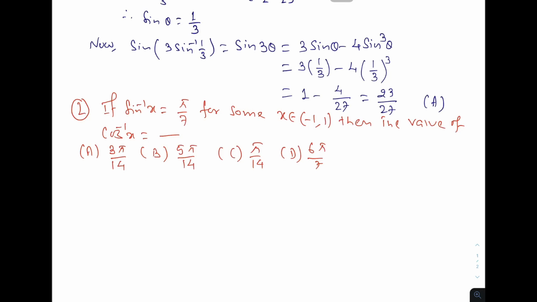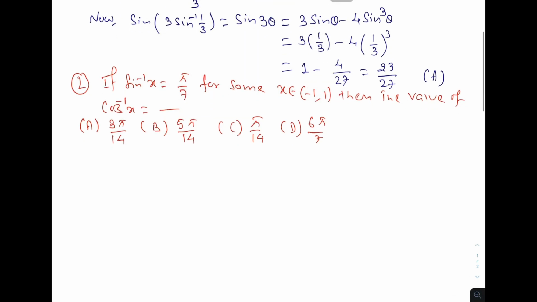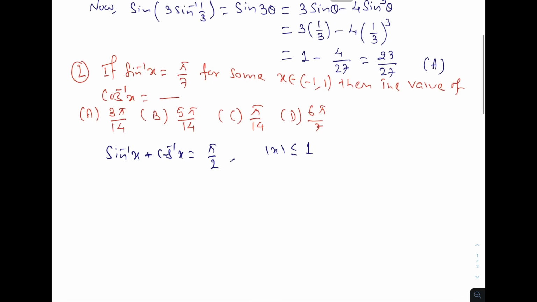Here we know the result, and that is very easy. This you need to remember: sine inverse x plus cos inverse x is equal to pi by 2 for x lying in minus 1 to 1, or you can say modulus x less than or equal to 1. Now you are given sine inverse x is pi by 7, so pi by 7 plus cos inverse x equals pi by 2, and therefore cos inverse x equals pi by 2 minus pi by 7.